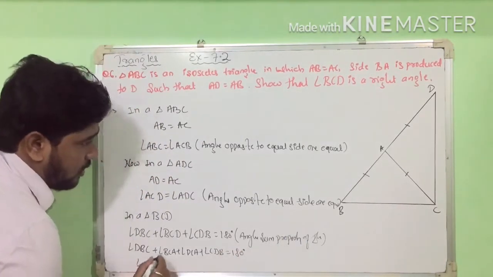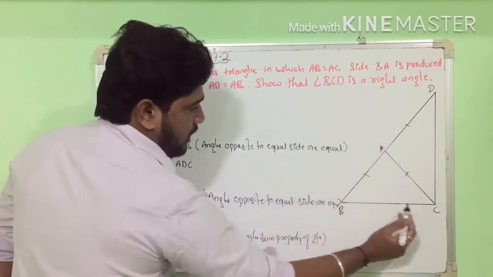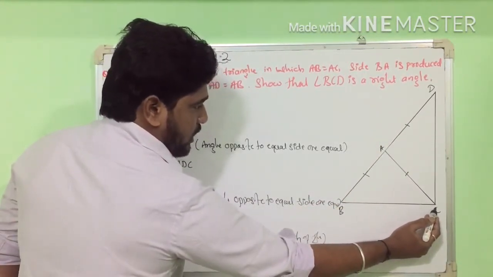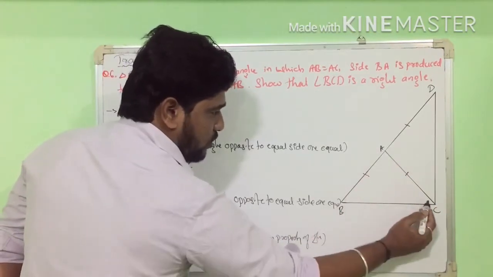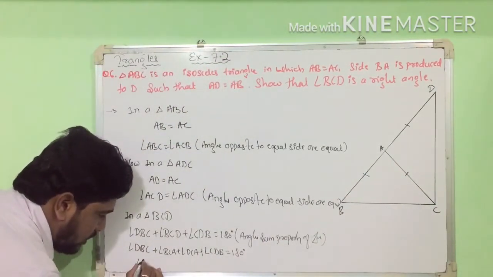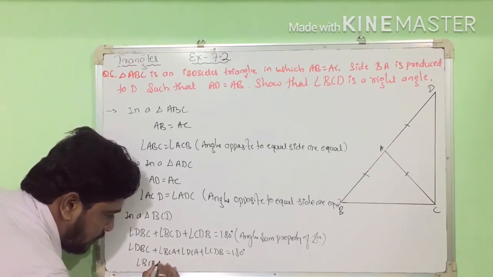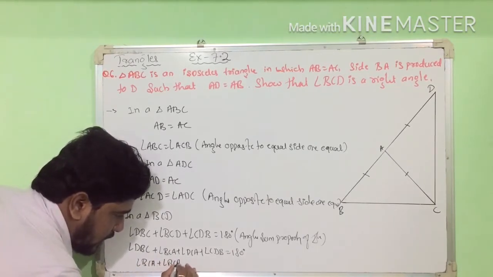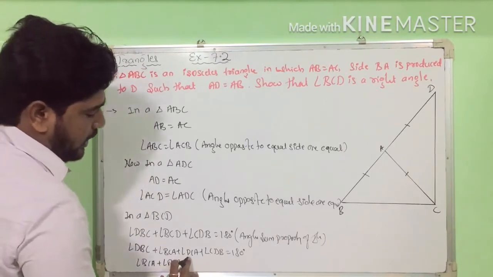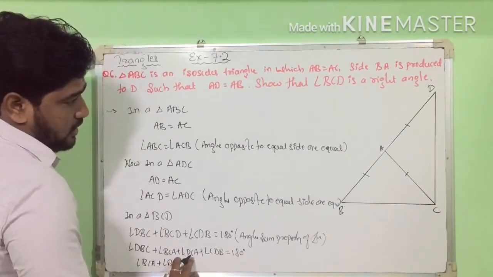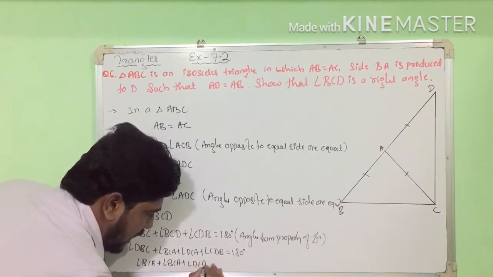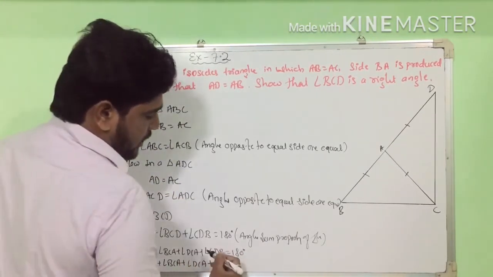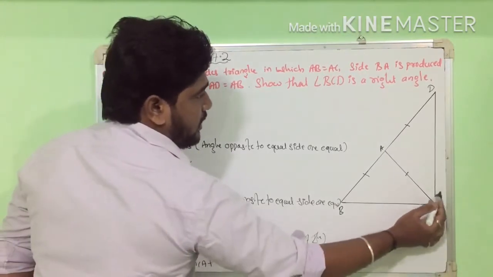So now instead of angle ABC, we can write angle BCA because these two angles are equal. So angle BCA plus angle BCA plus angle DCA as it is, angle DCA as it is, plus angle CDB.